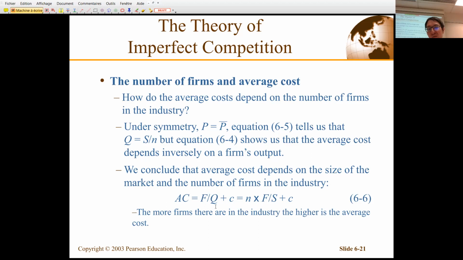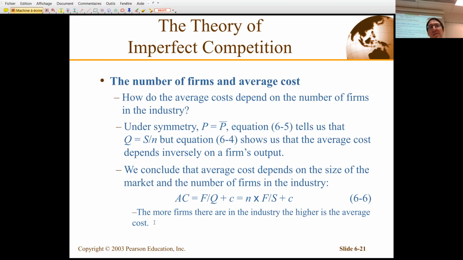So you can substitute Q from the equation above, and you get that average cost is equal to N times F divided by S plus C. It means that the more firms there are in this industry, the higher the average cost. Why? Because the more firms there are, the smaller each can produce, so their average cost is higher.